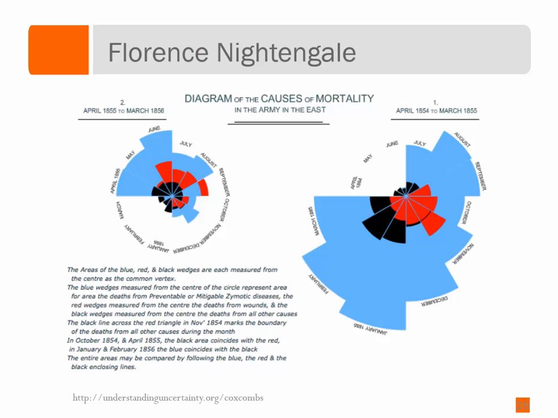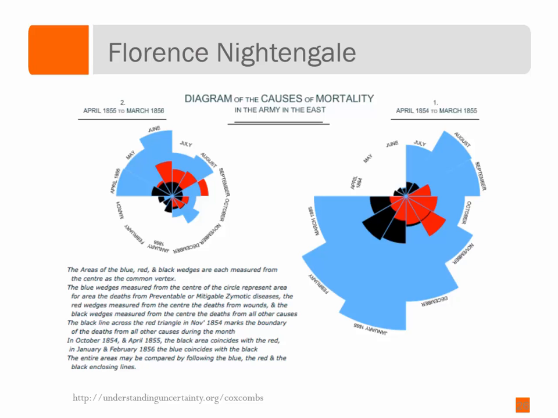And what Nightingale was trying to do is basically illustrate that many of the causes of death were preventable and were not necessarily from violent action in the war, so much as preventable diseases that came from participation in that activity.